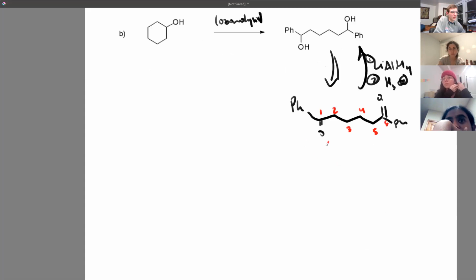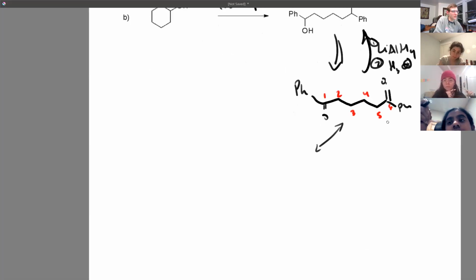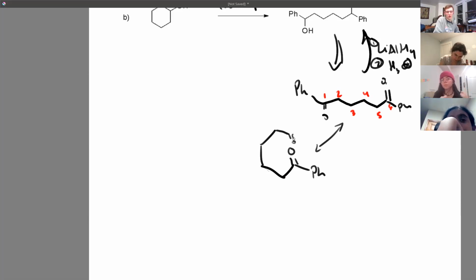I'll draw this in a different color, and way nicer. I'm going to keep this side exactly the same, and then we go down to 5, up to 4, except now we change how we draw it. So 3 is up here, 2, 1, and then draw that carbonyl down there, and then the phenyl group up here.